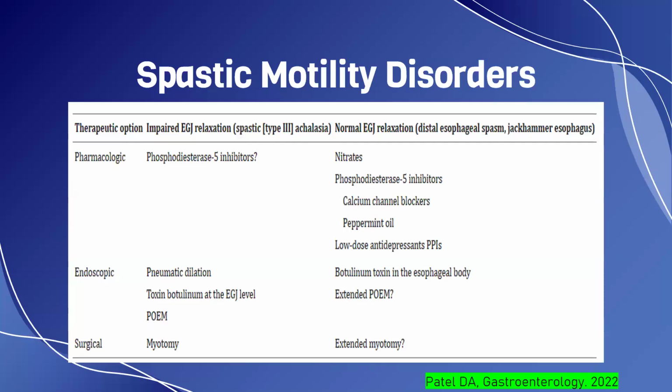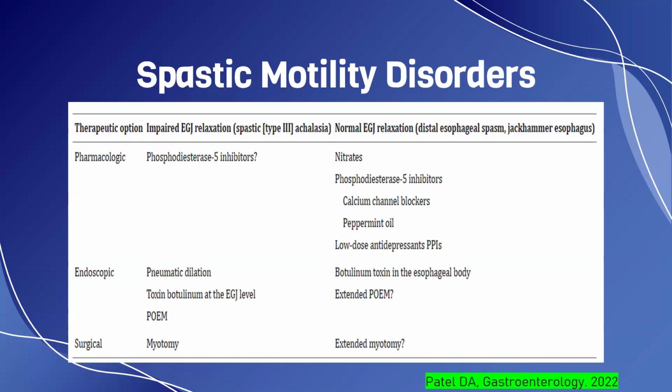In patients with impaired esophagogastric junction relaxation, such as in type 3 achalasia, initially medical therapy such as phosphodiesterase 5 inhibitors, calcium channel blockers, peppermint oil, or low dose antidepressants are used.